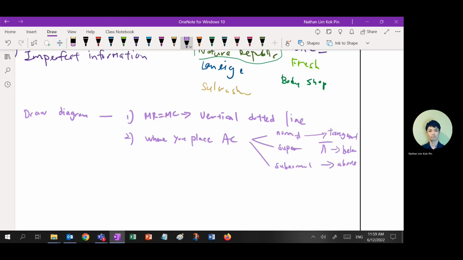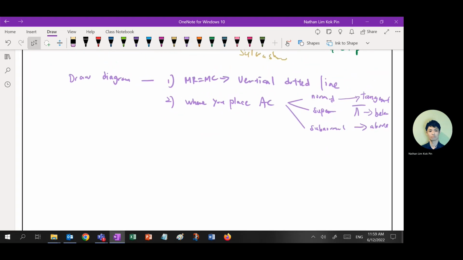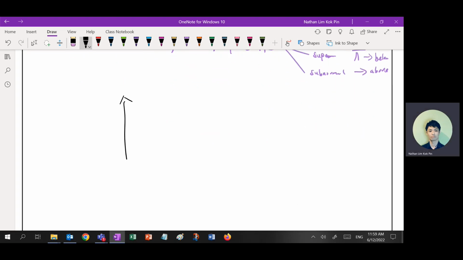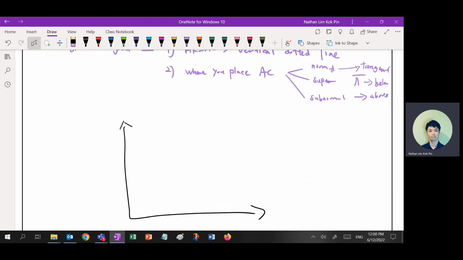Before I go to the normal, you must know how to draw a monopolistic competition. After you decide, okay, this is confirmed monopolistic competition, or you're not sure and you guess this is monopolistic, you draw monopolistic.